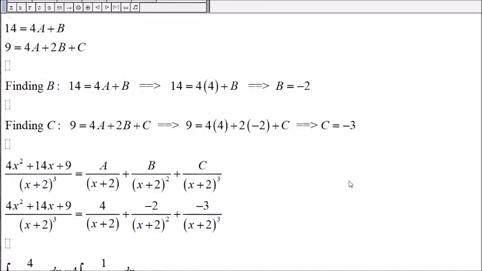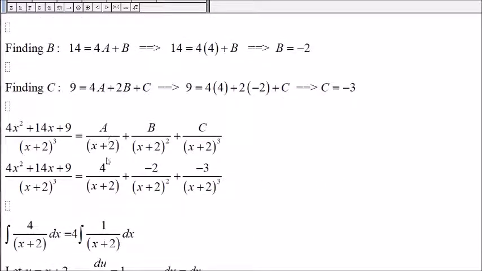And so the partial fractions will be 4 over x plus 2, negative 2 over x plus 2 squared, and negative 3 over x plus 2 to the third. And then now we need to integrate each one here.